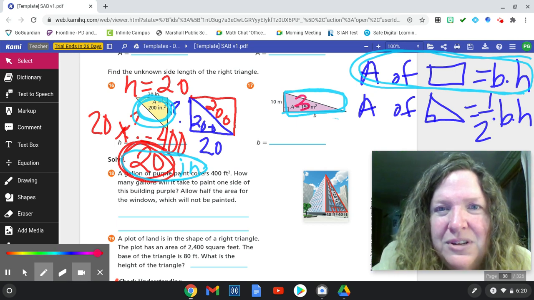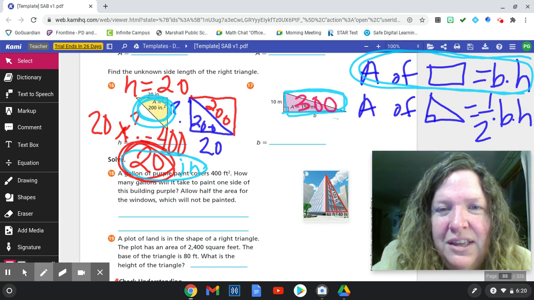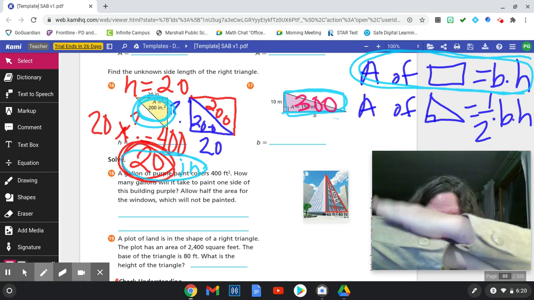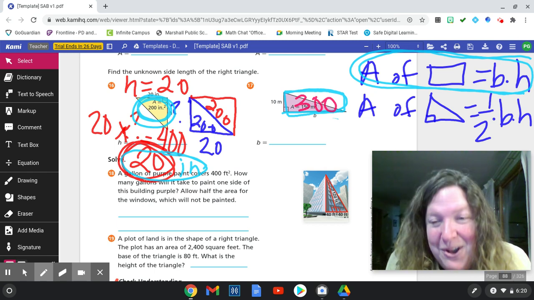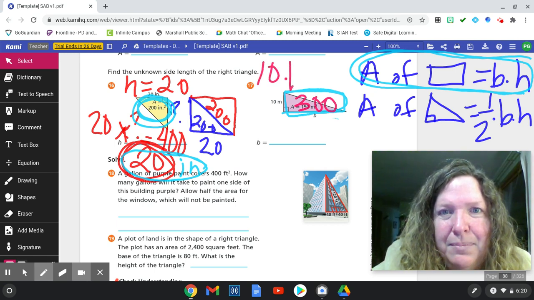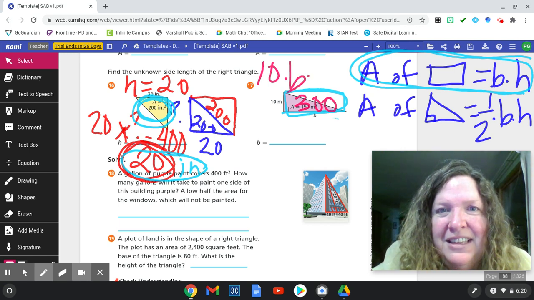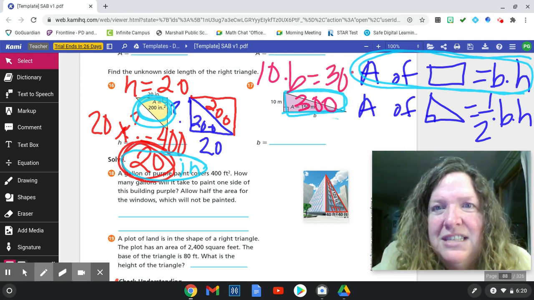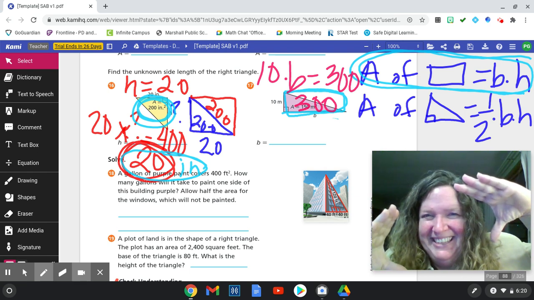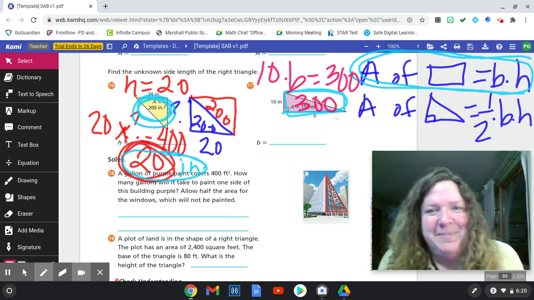The whole inside here is 300 because it's 150 and another 150 for that other triangle. Now we have to do 10 times some number, and we'll put in the B, gives us 300, and that's the area of the whole rectangle. Can you take it from there? See what you can do.